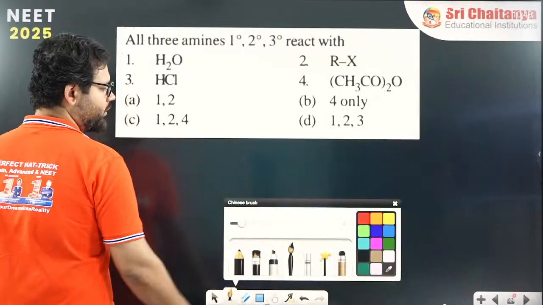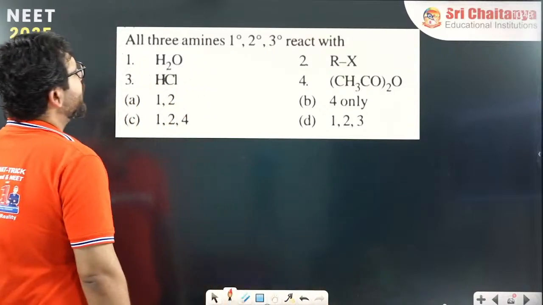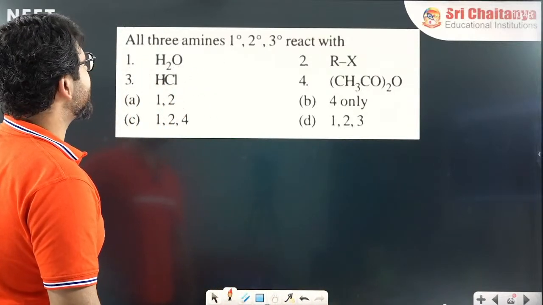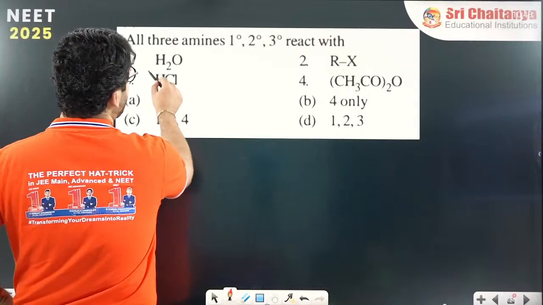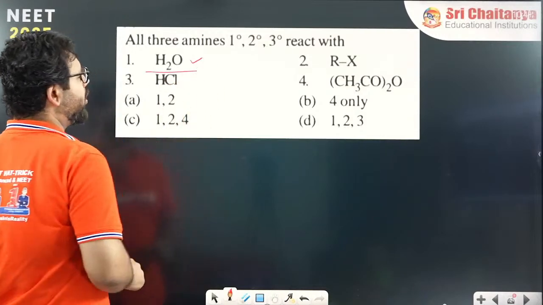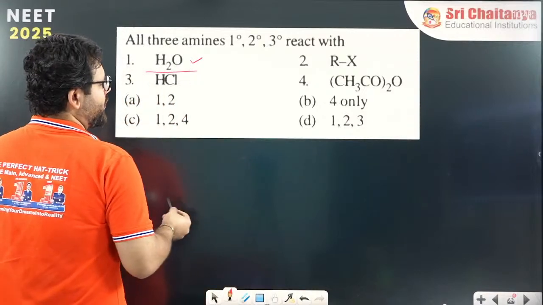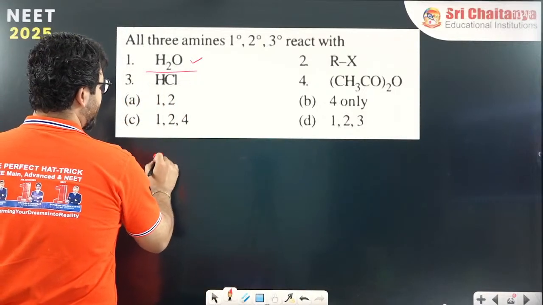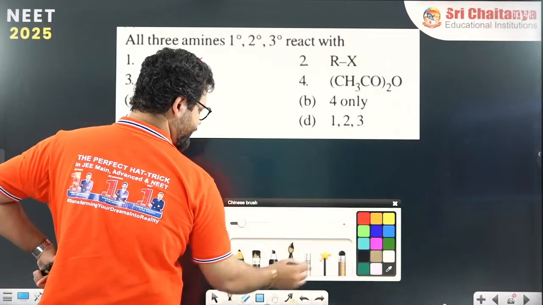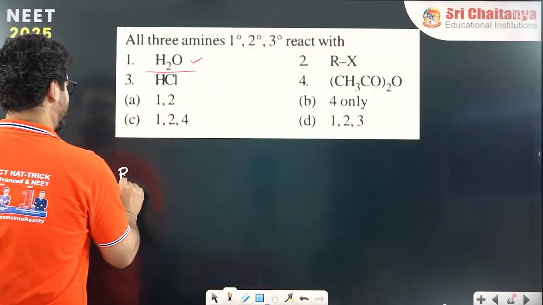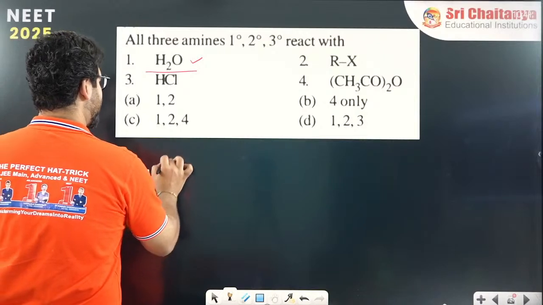Next one. All three amines, primary, secondary, tertiary, do they react with water? Yes. All amines are bases and they react with water. So if I take primary amine RNH2, it will react with water.